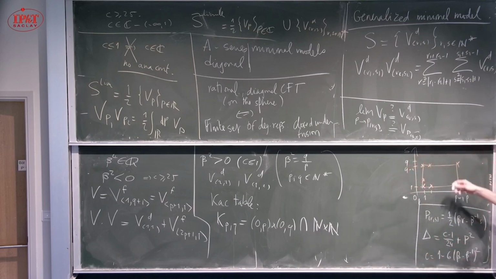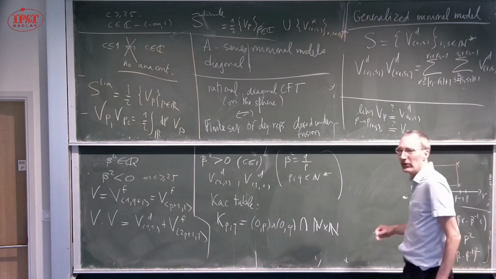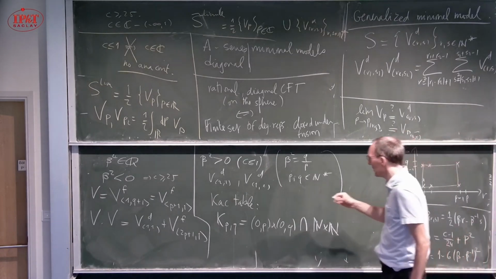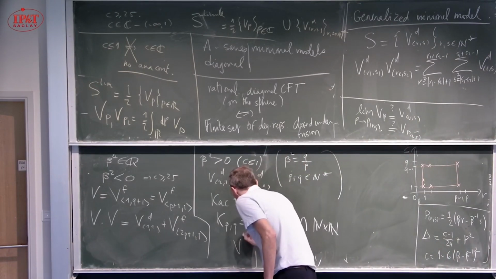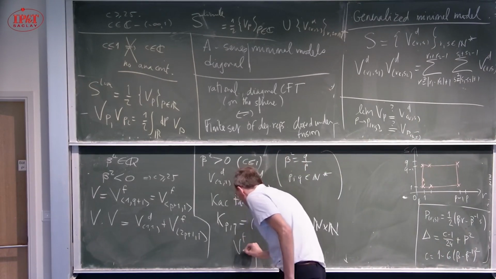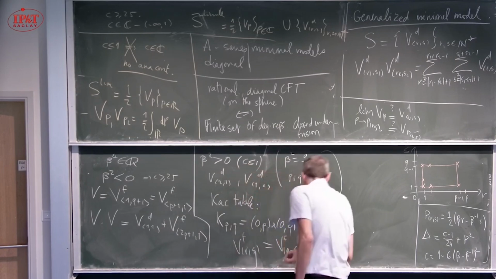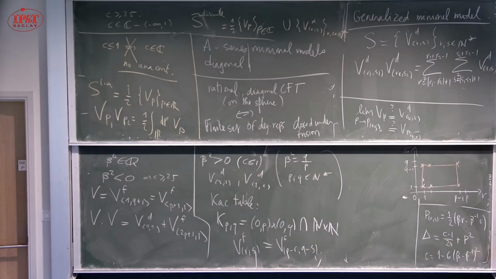And the nice thing is first that if you are in the Kac table, it means you're multiply degenerate. I'm calling it F like fully degenerate, because V_F(r,s) is V_F(P minus r, Q minus s). So it has infinitely many vanishing null vectors.